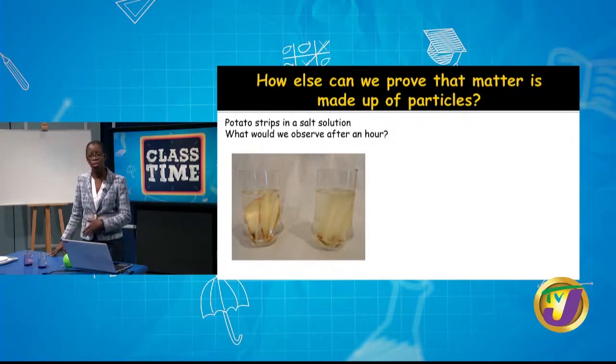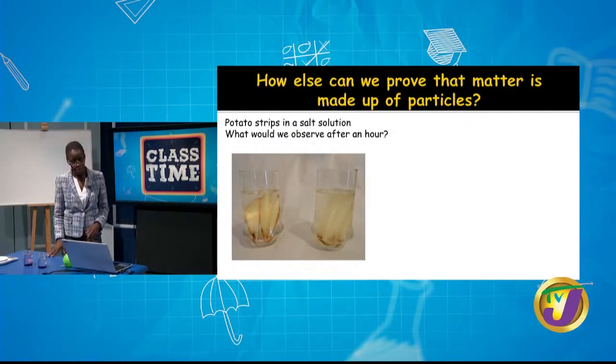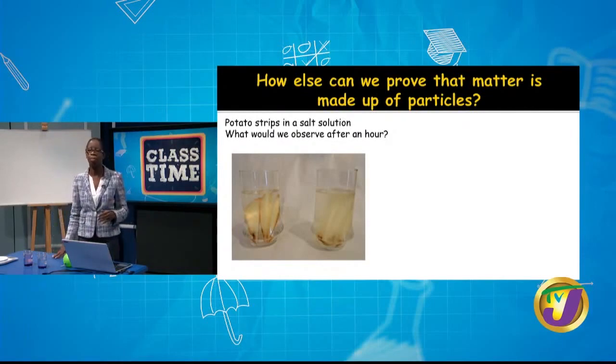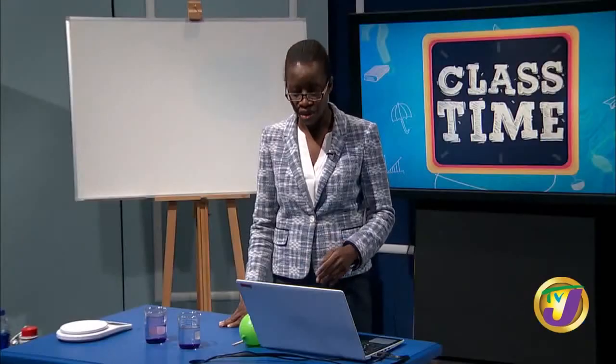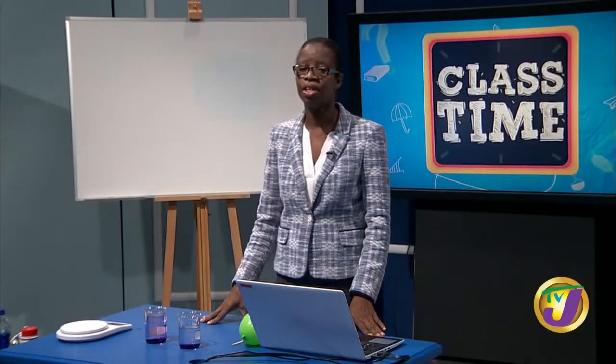Again, because the water molecules would have moved out of the solution into the cells of the potato. And so osmosis would describe the movement of water molecules only, right? From an area of low concentration of solute to an area of high concentration of solute.